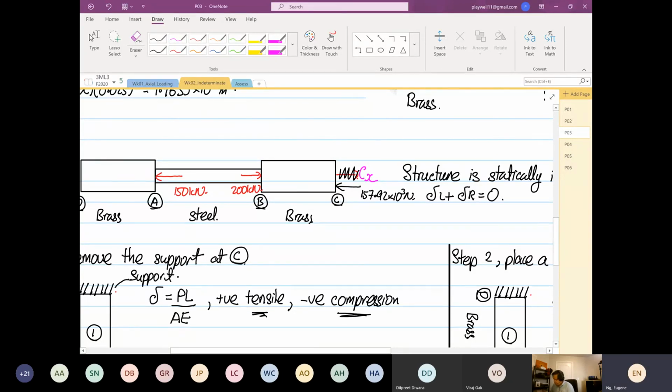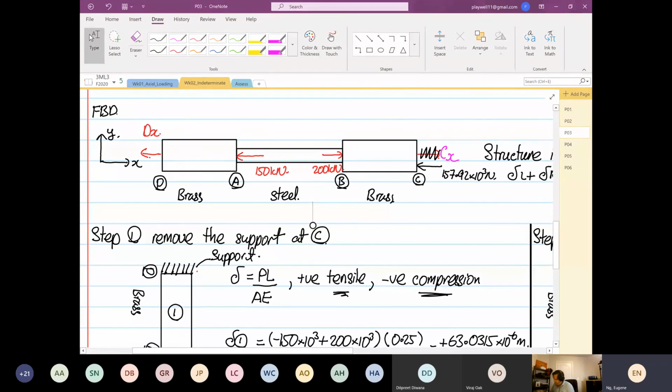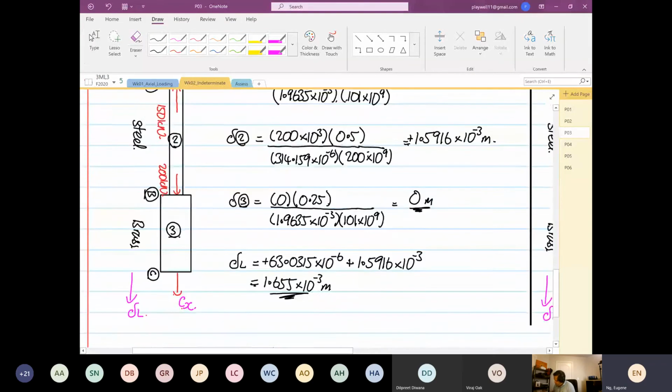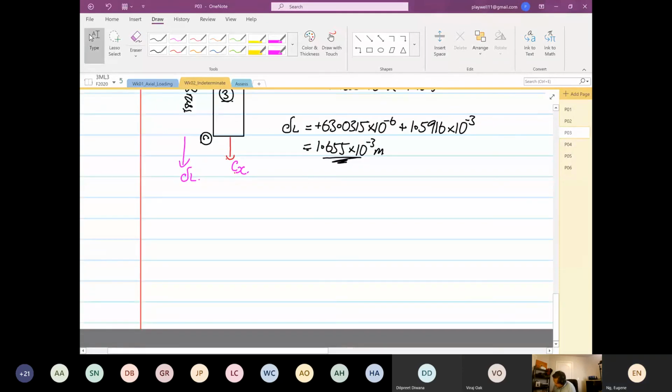So you can also calculate the reaction at D. You want to calculate the reaction at point D, or we can calculate Dx.